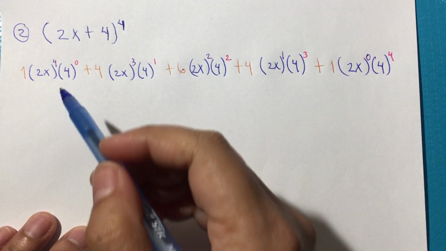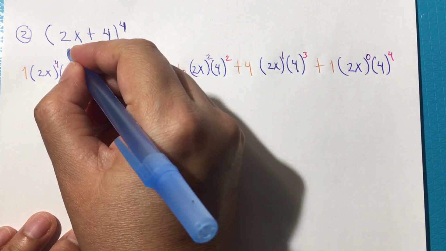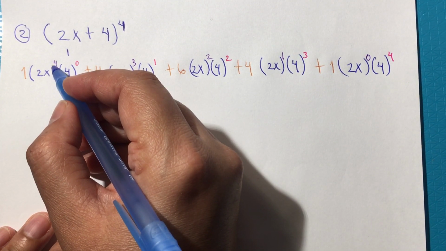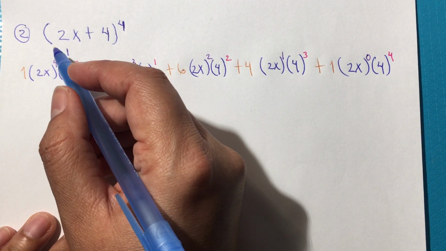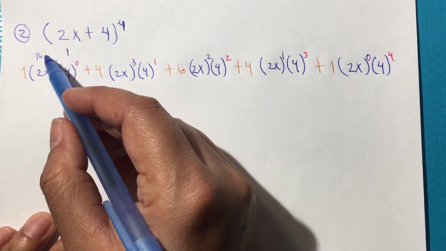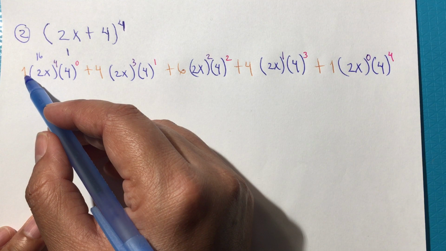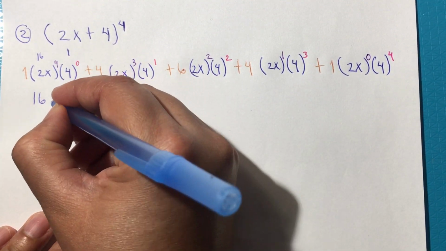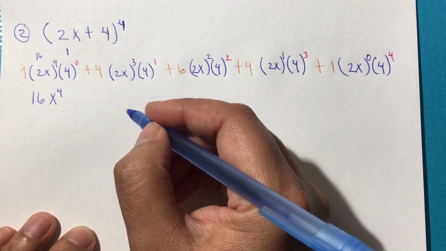And then we simplify. 4 to the 0 is just 1. 2 to the 4th power is 2 times 2 is 4, times 2 is 8, times 2 is 16. And so 1 times 16 times 1 is 16. We have x to the 4th, and that's all.